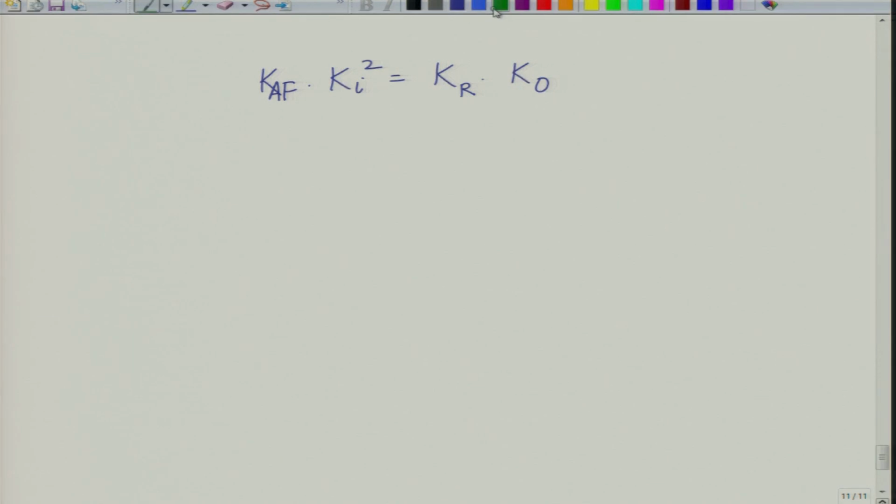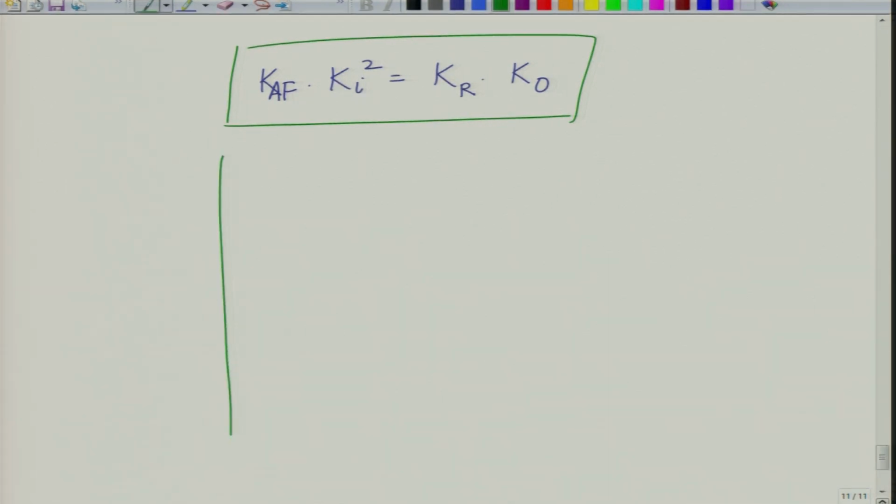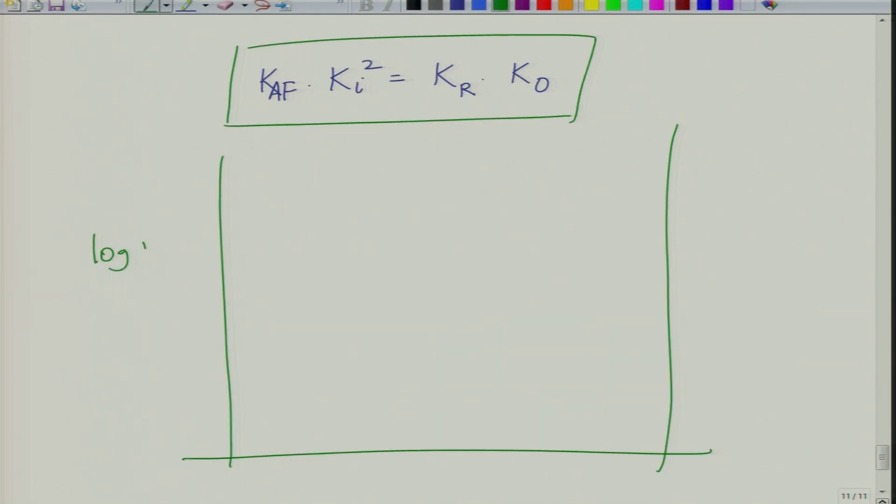This is a relation that you can write between all four reaction constants. So, if you now do a similar analysis, okay, so you have a regime of high PO2. So, when you plot this as a function of, let us say, log of certain kind of defect, okay, N means defect, and as a function of partial pressure of oxygen. So, you might have multiple scenarios, right.